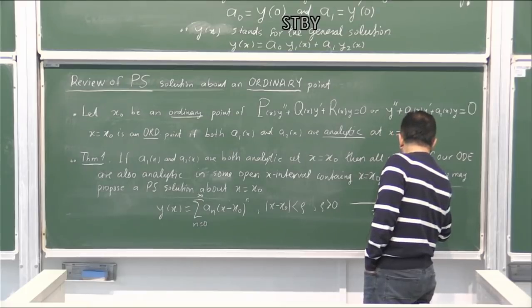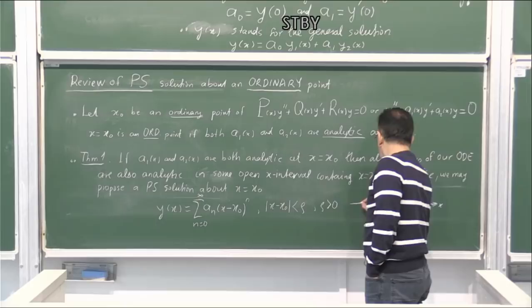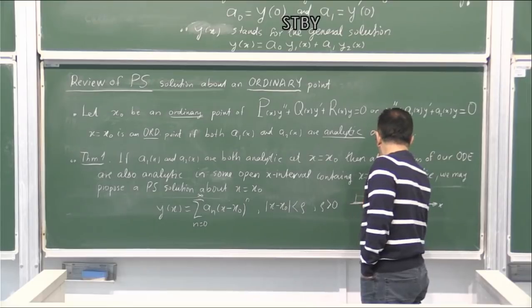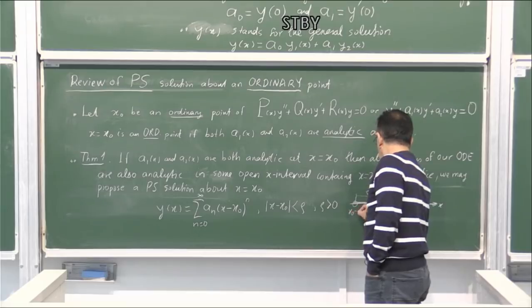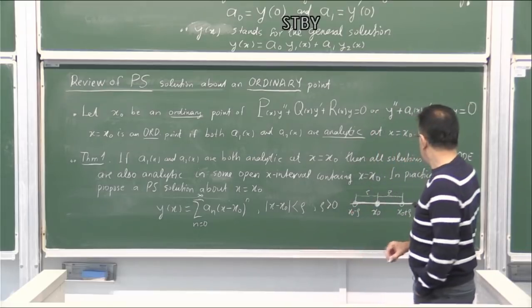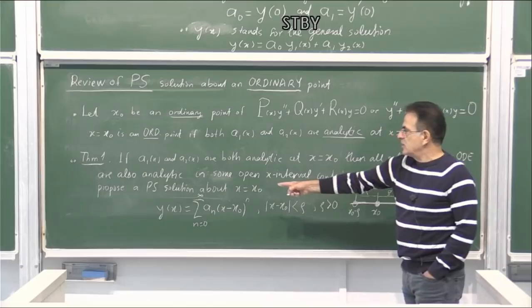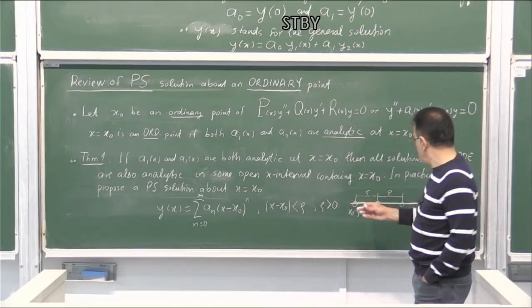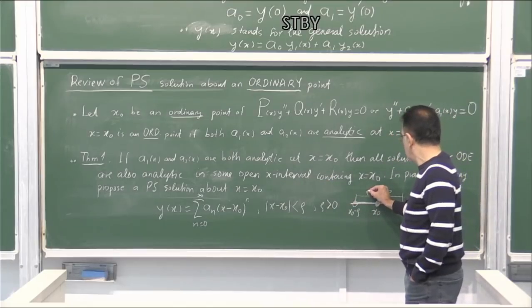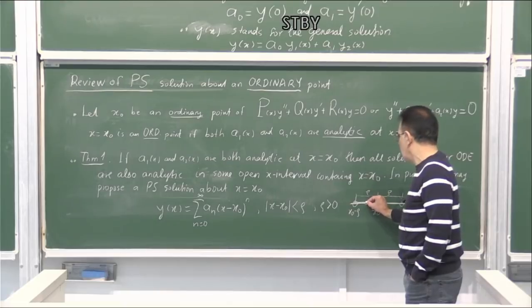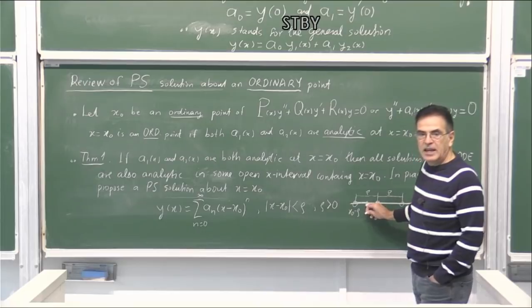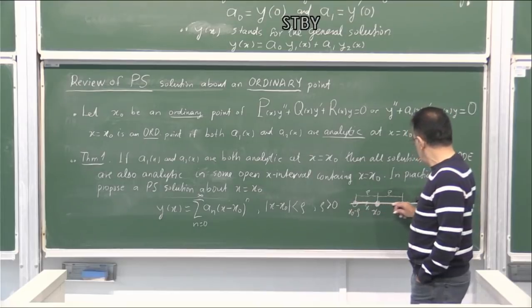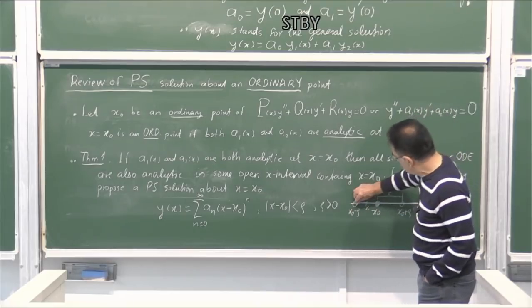Okay. x0 minus rho. So it tells us that this power series solution we propose is convergent at any x lying in this x interval. Good?